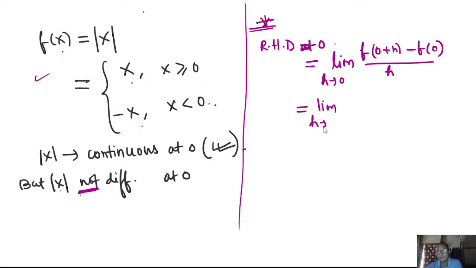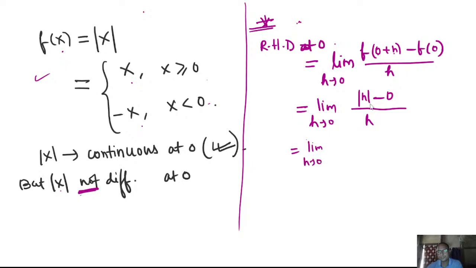What is the value? From the definition, f of 0 plus h is f of h, which is modulus of h, and f of 0 is 0. So what is the value now?